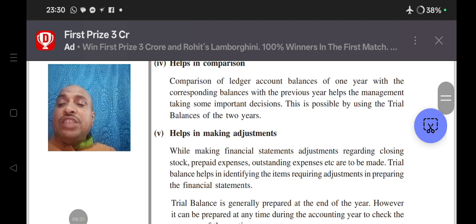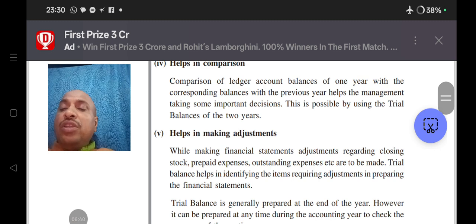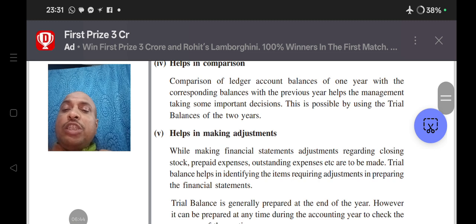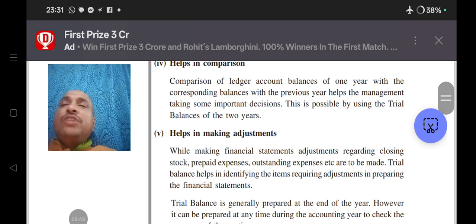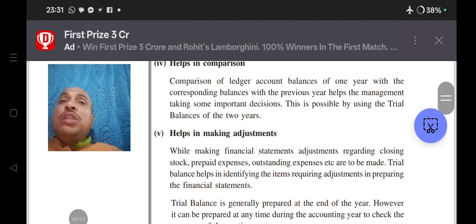हेल्प्स इन मेकिंग एडजस्टमेंट्स. While making financial statements, adjustments regarding closing stock, prepaid expenses, outstanding expenses, etc. are to be made. Trial balance helps in identifying the items requiring adjustments in preparing the financial statements. होता क्या है, at the end of the year, when we are preparing final accounts, there are so many adjustments.